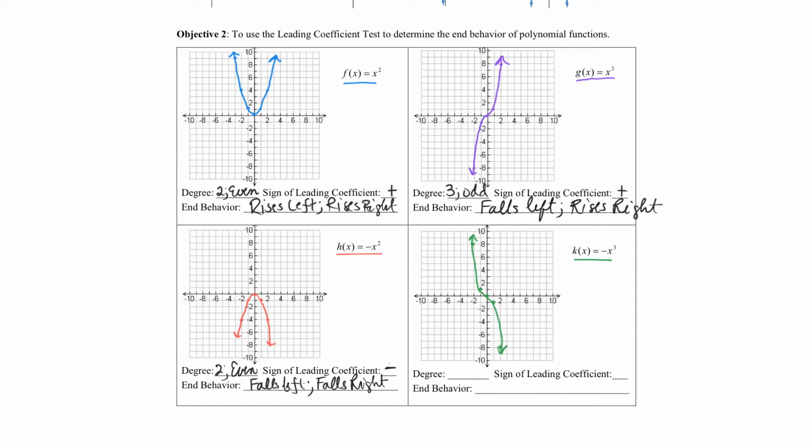If I look at my parent cubic reflected about the x-axis, the degree is still 3, which is odd. And the sign of the leading coefficient now is negative. That negative sign means that it's going to be doing the opposite. It's going to be rising left and falling right. Rises left, falls right.